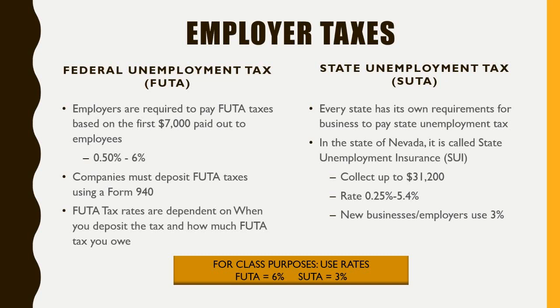Next section that is very, very important: we also need to pay the federal unemployment tax as well as the state unemployment tax, also known as FUTA and SUTA, okay? Now, this is kind of a touchy topic, but a lot of people think they put their money into their own federal unemployment tax.